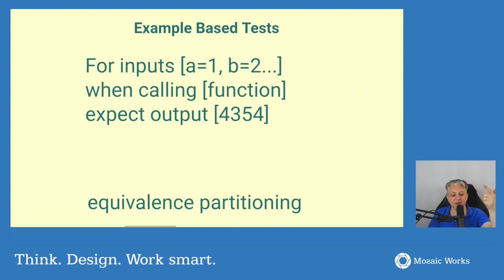We think about the minimum value in an interval. We think about the maximum value, and these are two partitions, but then everything that is in between is the third partition for integers in general, for positive integers in this case.